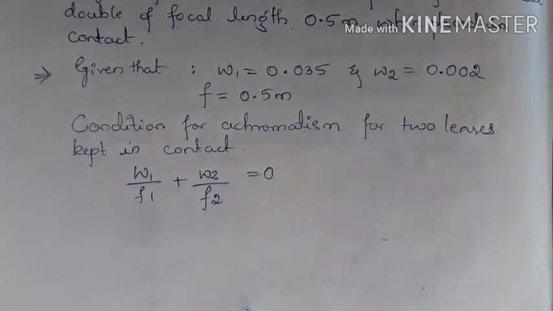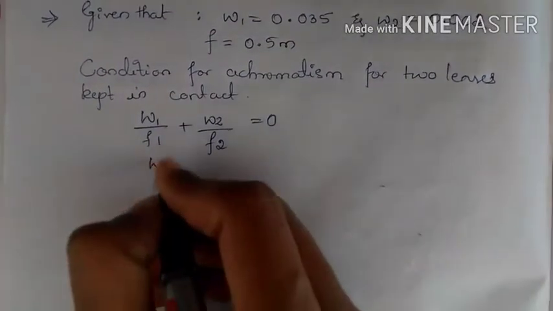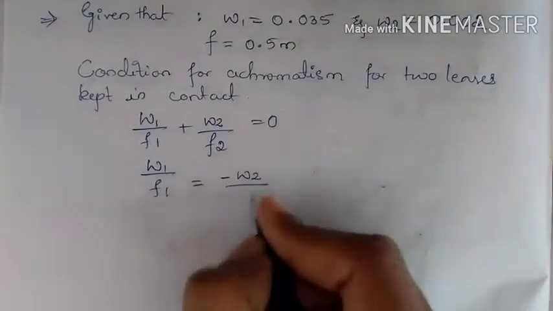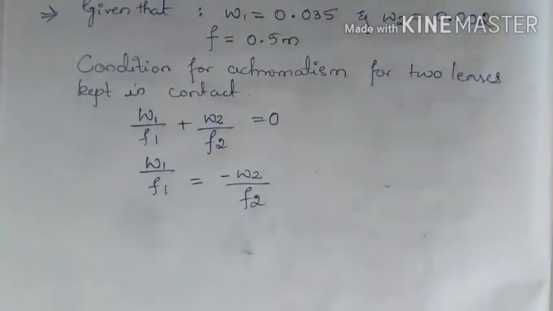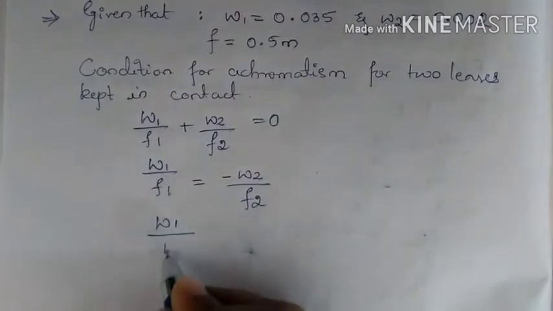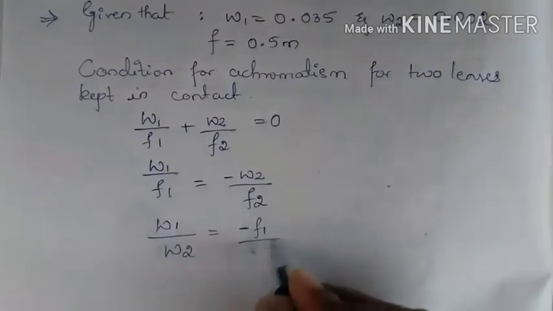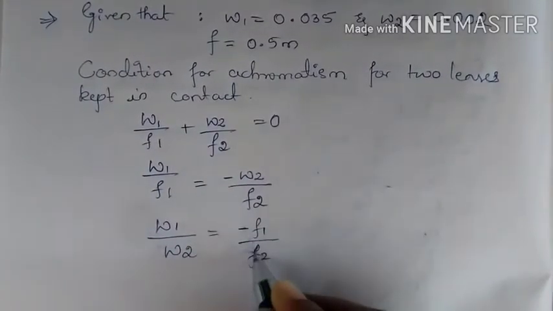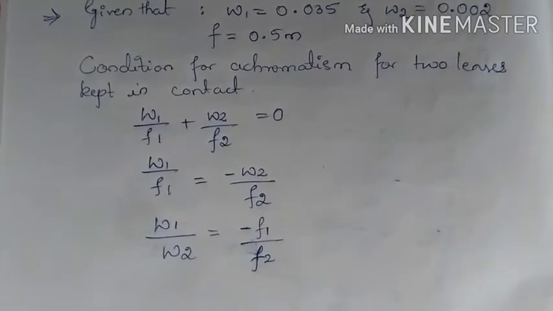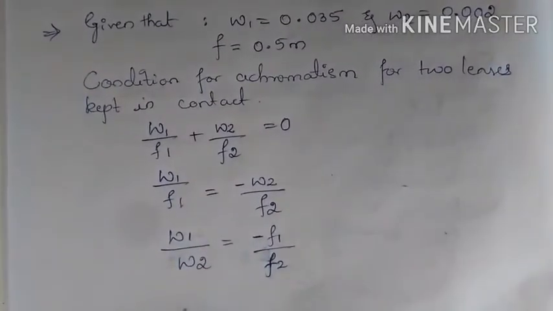This is the condition that we have learned in the previous lecture. So omega 1 divided by f1 is equal to minus omega 2 divided by f2. Now omega 1 divided by omega 2 will be minus f1 divided by f2. So this is the condition in terms of omega 1 by omega 2.